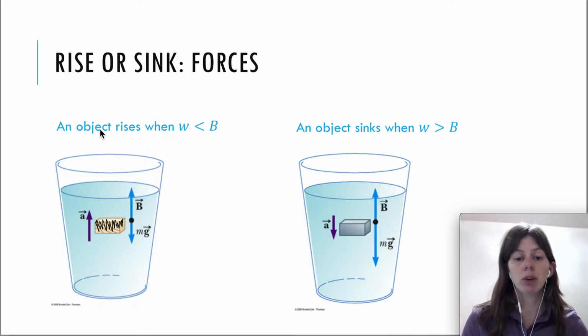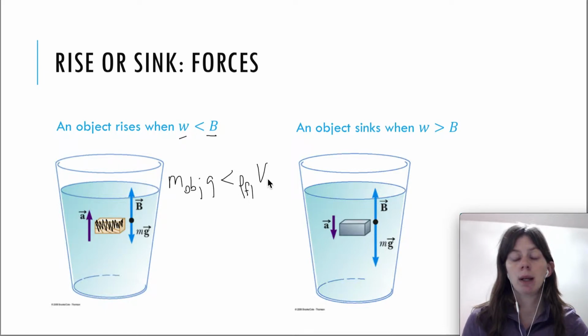And what I like to do is just show you this. It's a good exercise. It's not going to take long. Let's replace what we know for the weight of the object and the buoyant force. We know that the weight of the object is equal to the mass of the object times g. And the buoyant force is equal to rho v g for the fluid: rho of fluid, v fluid, and g.